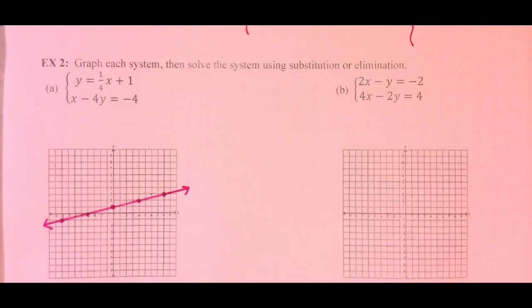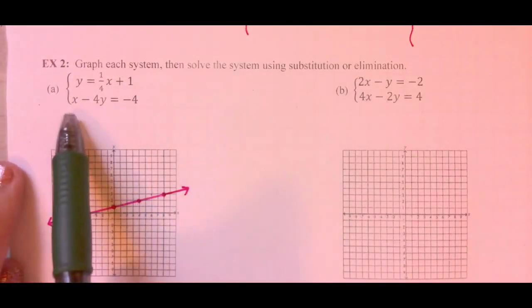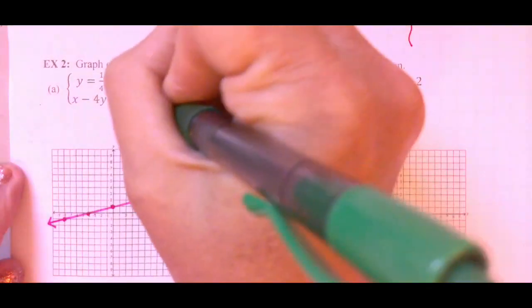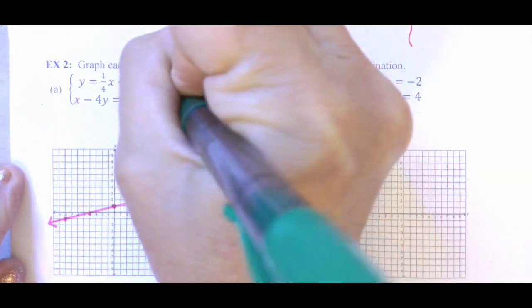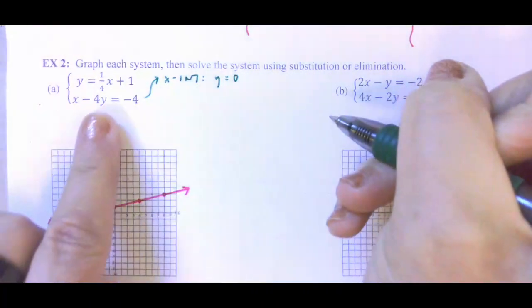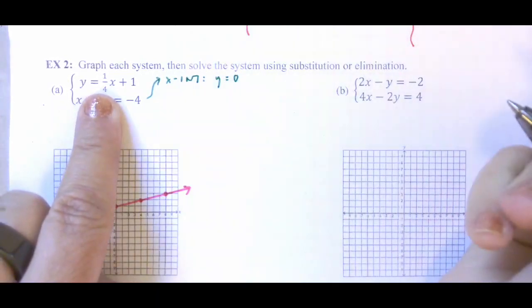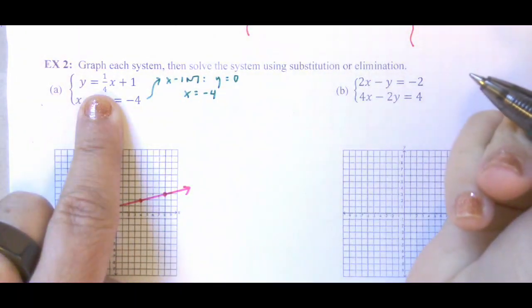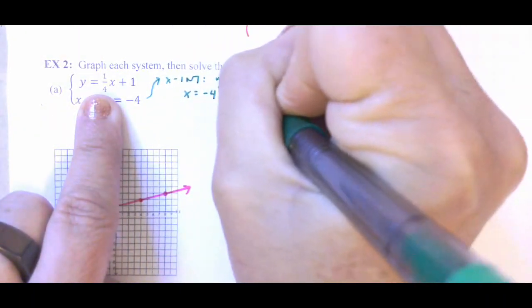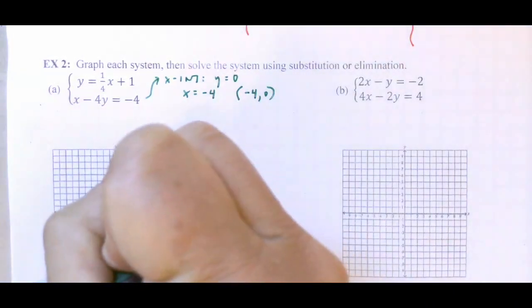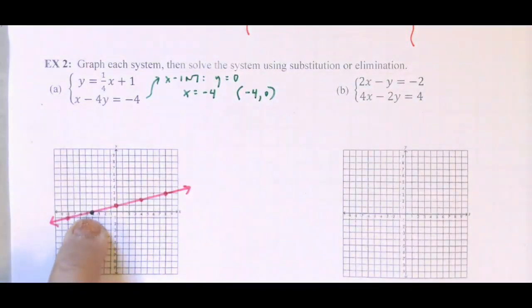Okay, the second one here looks easy to graph in standard form. So if I look for my x-intercept, again, that's when y is 0. So if I plug in a 0 for y, and this whole part cancels away, it's easy to see that x is -4 when y is 0. So the x-intercept is at -4, 0. Ooh, I see it's in the same spot right there.